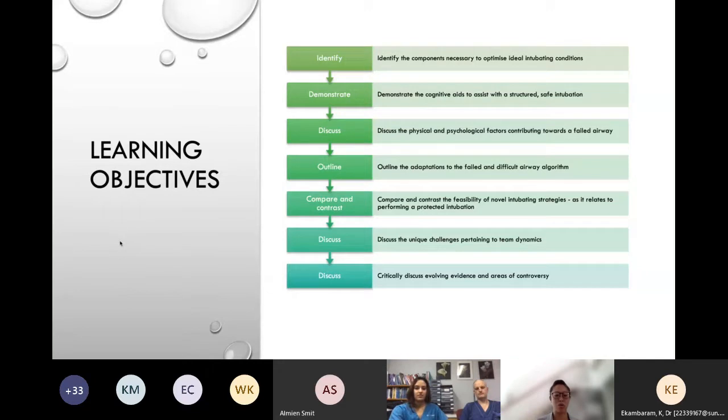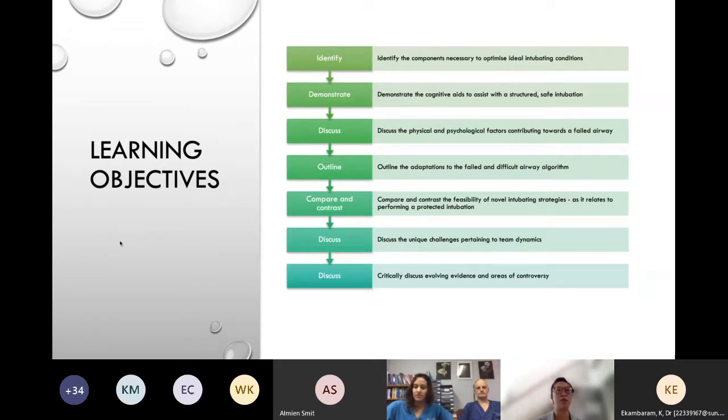And so we are going to cover all aspects of the learning objectives, but we might not be exhaustive in being able to cover the full extent of these objectives. And so I urge you to continue with self-directed learning in being able to supplement what we have covered this afternoon.